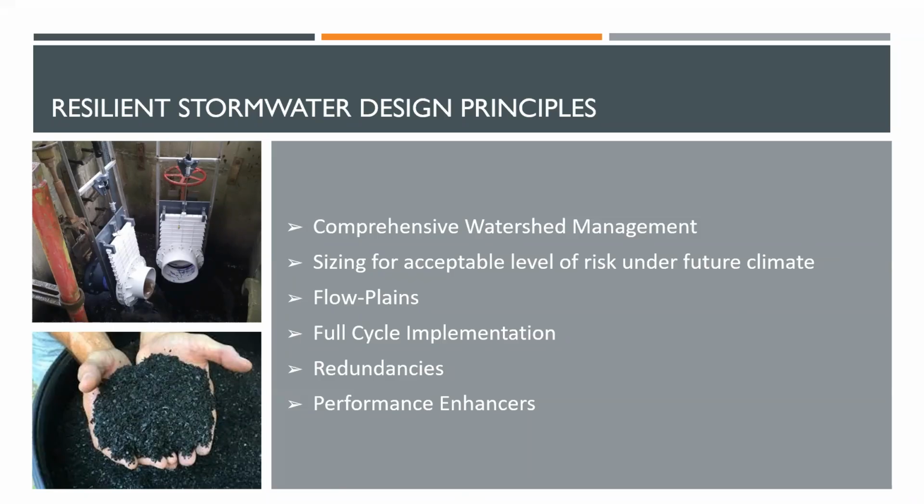So we laid out in this memo a series of 6 different resilient design principles that we hope to build out. One of those is comprehensive watershed management. And that's sort of a buzzy type of catchphrase, right?